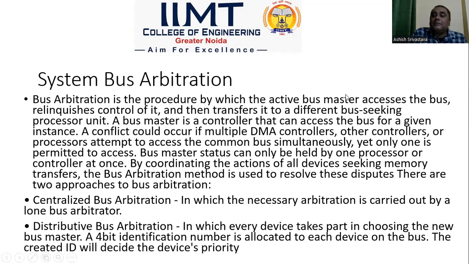Bus arbitration involves the bus master. It plays an important role in controlling the buses on a priority basis. The bus master decides which device has higher or lowest priority, which request is considered, and which device is granted access: device 1, device 2, device 3, device 4.